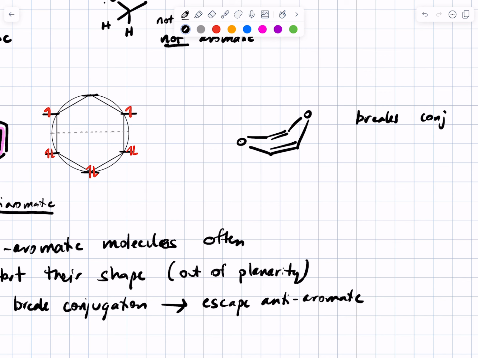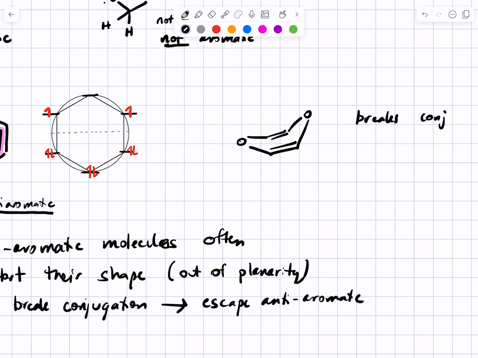When you break conjugation, and you break aromaticity, that means you no longer have degenerate pairs. One moves down, one moves up, and now the two electrons that used to be equal in energy in a diradical just drop down to a regular energy level. So by breaking conjugation, by distorting from planarity, anti-aromatic molecules can escape their horrible fate, and so they often do.